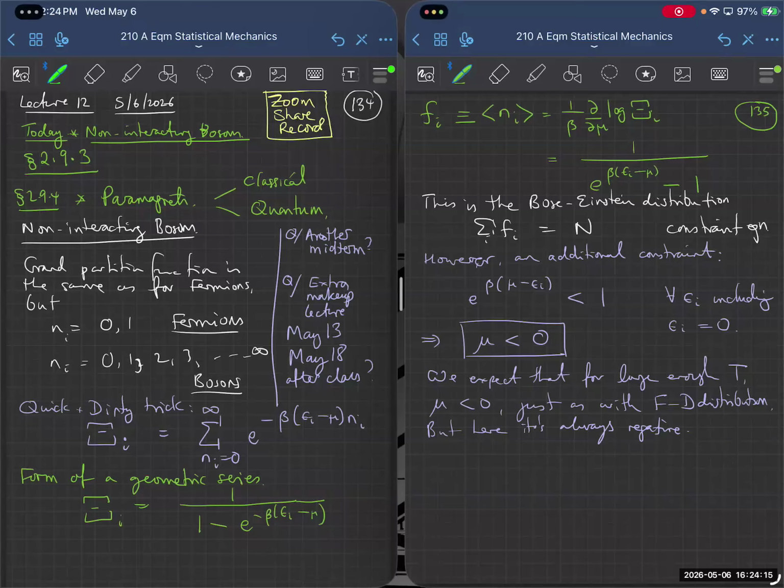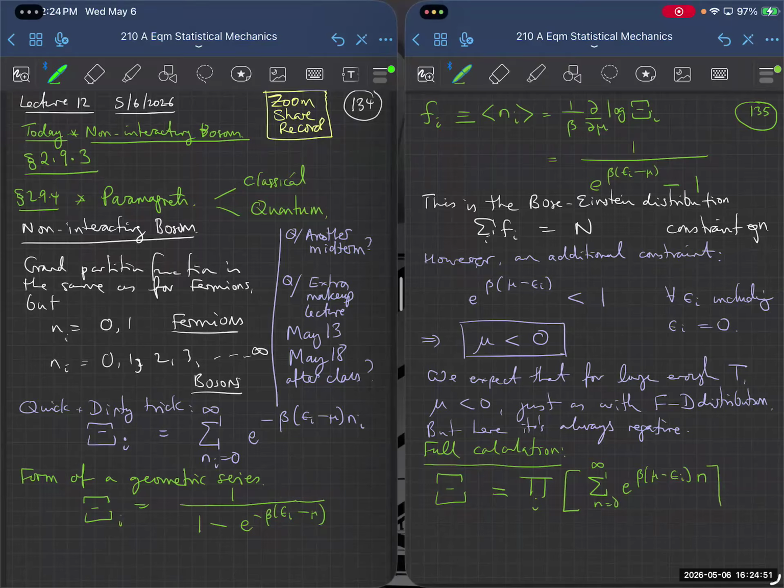Let's now write down the full grand partition function. So now let's do the full calculation. Everything goes through exactly as we did for Fermi-Dirac, so you should check it. So the full grand partition function is then going to be the product over states of the sum from n equals 0 to infinity of e to the beta mu minus epsilon I times n, like so.